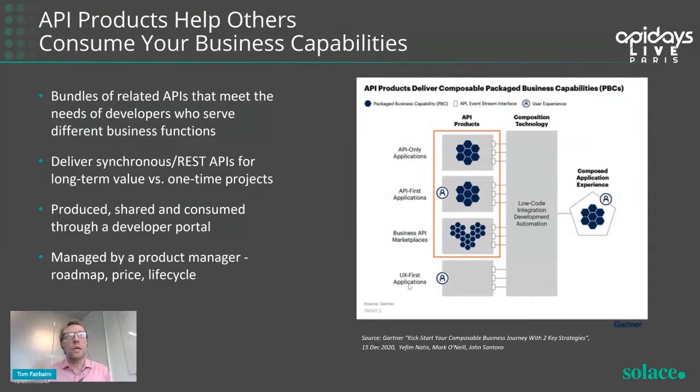The way that you do that composition and manage it is through a certain interface. It may be a user interface, or a set of REST APIs that are bundled together, and those become an API product. What you're doing is bundling together related APIs that fulfill a specific business objective.